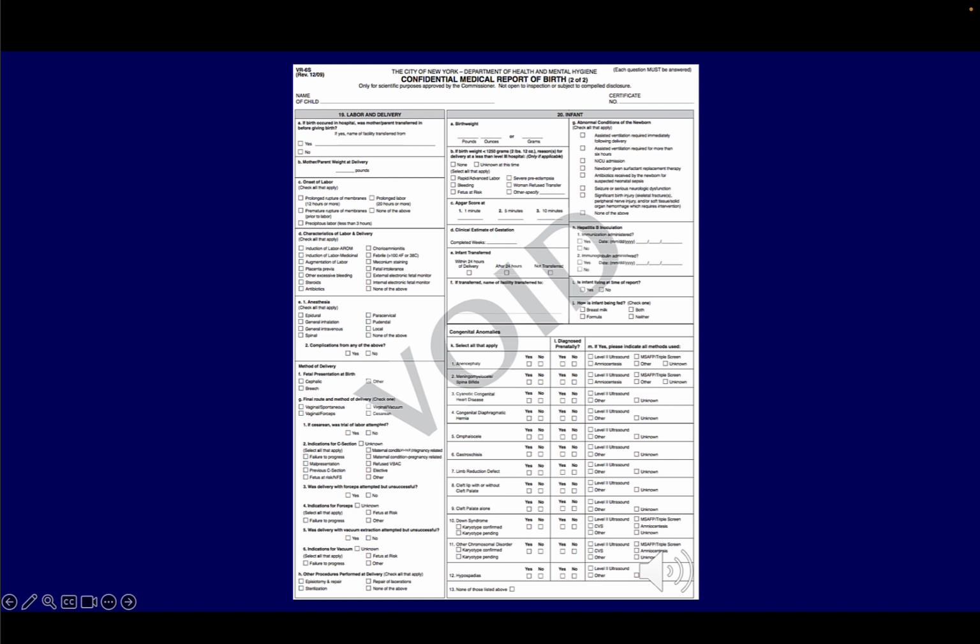Also, you'll see the birth weight of the infant, the APGAR score, any congenital abnormalities or other abnormal conditions that were present, and information about the delivery of hepatitis B vaccination, which is recommended within 24 hours of birth. So you can begin to appreciate the richness of some of the information that's included on both the public and confidential sections of the birth certificate, and how it could be potentially useful for public health surveillance and monitoring and improving population health outcomes around pregnancy and birth.